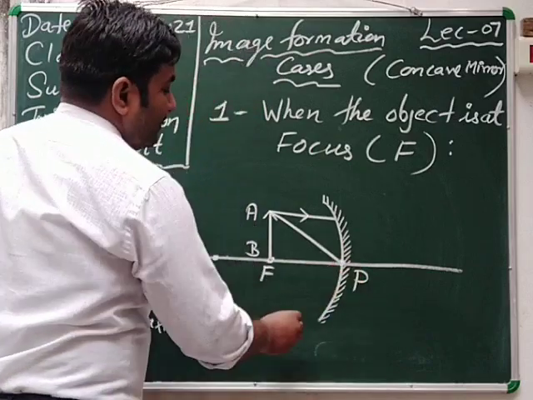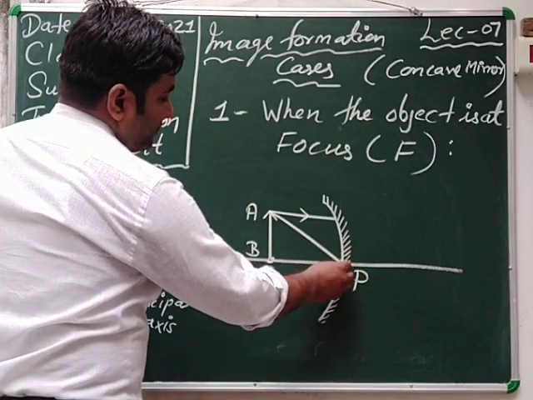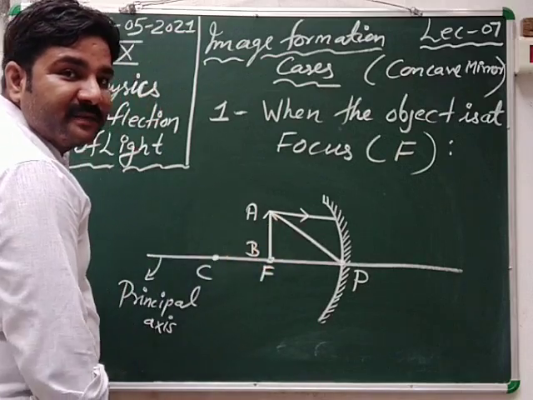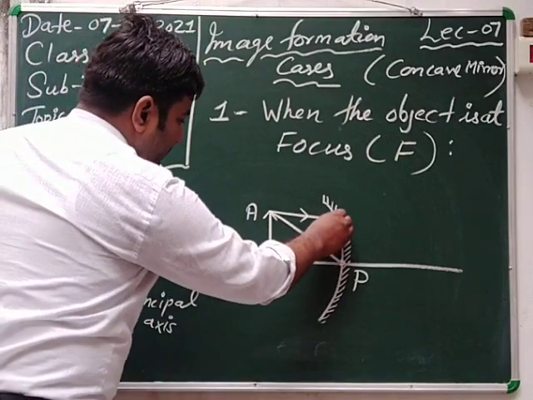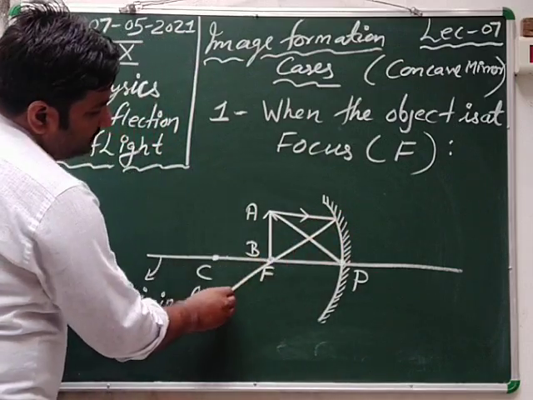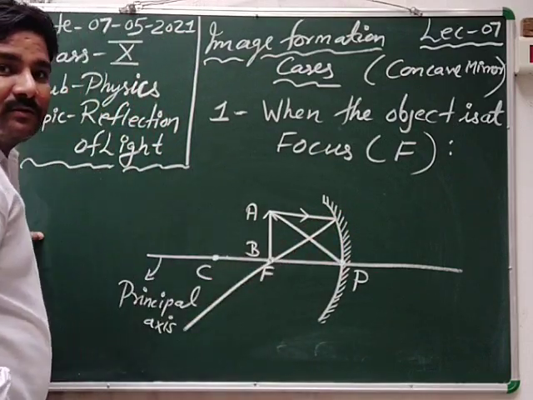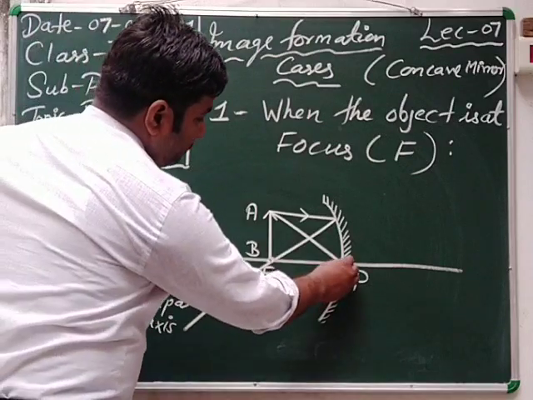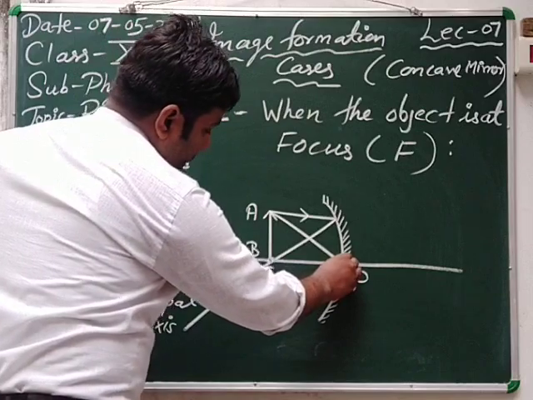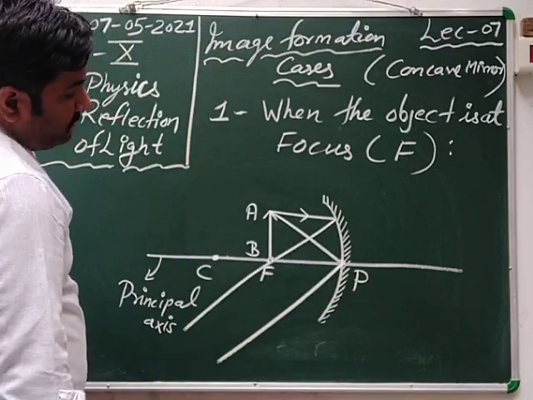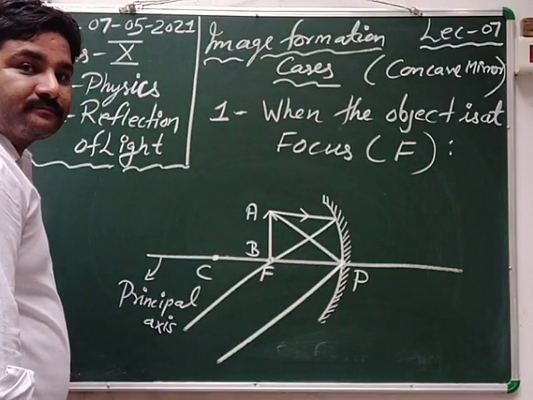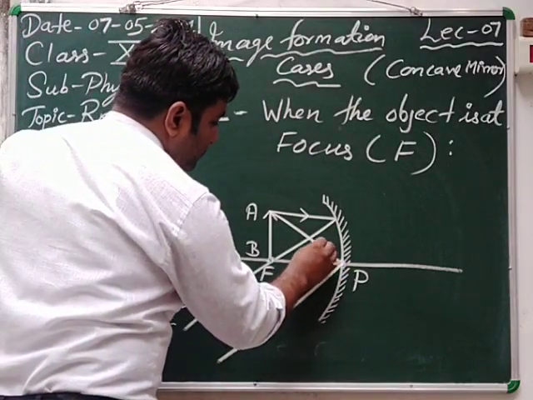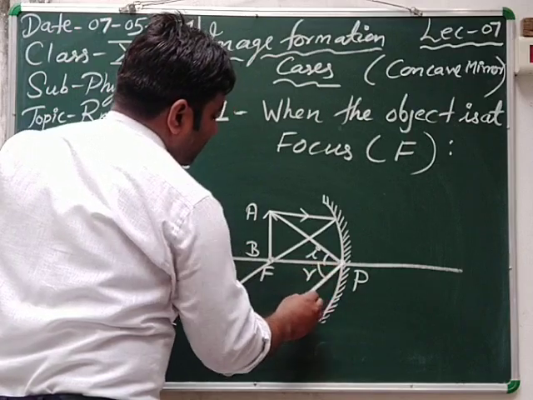This is the pole. Incident at the pole follows the laws of reflection, and the ray parallel to the principal axis passes through the focus. Passes through focus, this one. And the ray incident at the pole follows the laws of reflection. It means this angle I must be equal to this angle R.